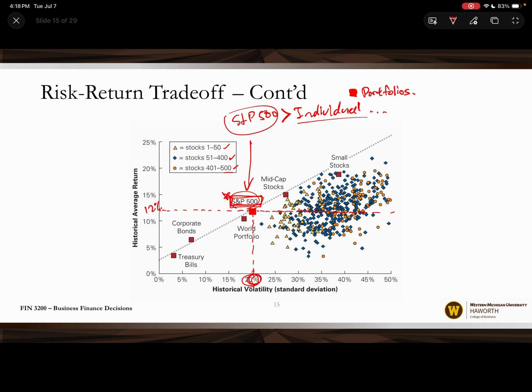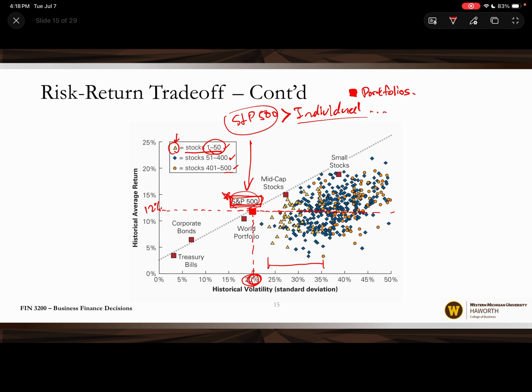Okay, and we'll look at, I'm not quite sure, but I'm assuming that this is the largest. Yeah, it makes more sense. Largest 50 stocks. Okay, one way I can guess is because, as we talked about earlier in the previous video, if you look at these triangles, they're all around here, right?